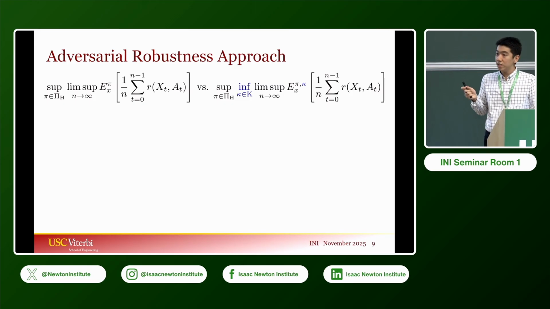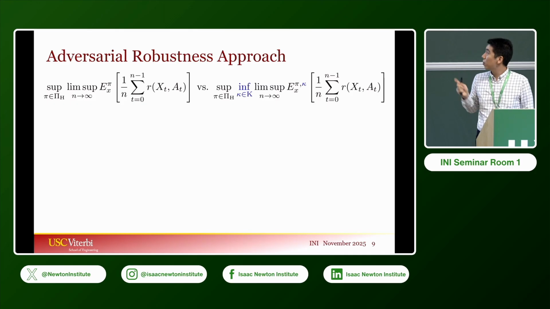The interpretation here is that the adversary can observe the policy chosen by the controller, target it, and perturb the distribution of the process so as to minimize the reward achieved by the policy.